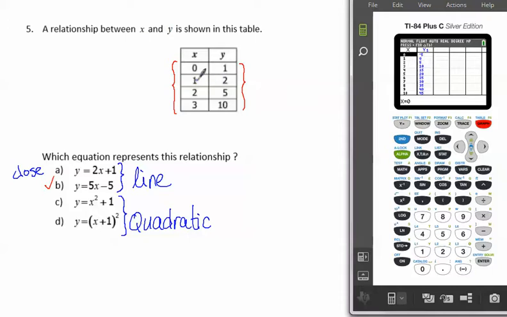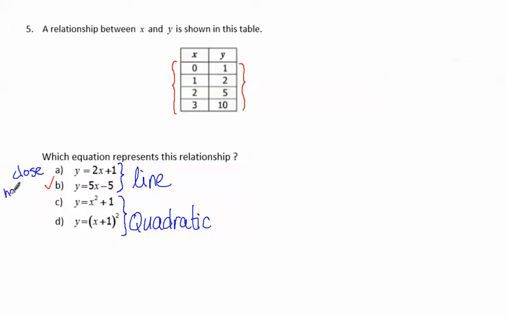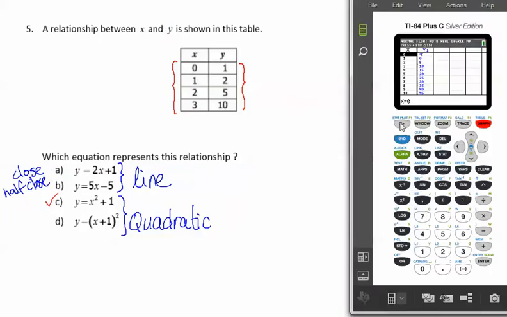It should be paired up with a 2. 2 and 5, that matches. 3 and 10, that matches. So again, this half of them were close, but not exact. So we try the next one. Go back to y equals, clear out the equation you have, and type your new one. So now we have a quadratic because it has an x squared, and we go check its table.